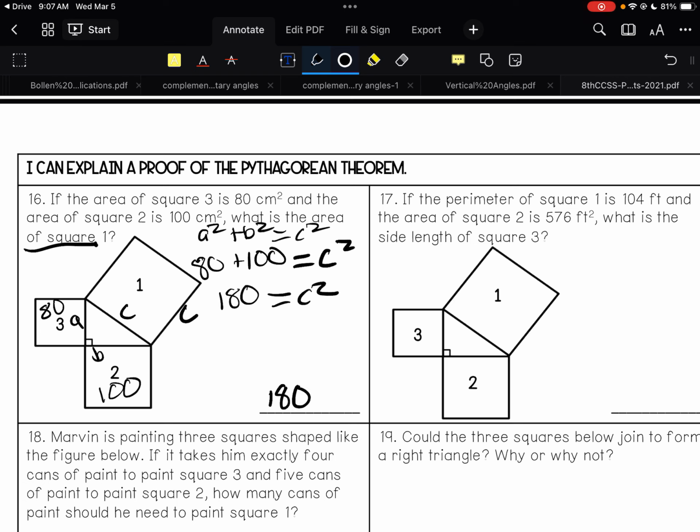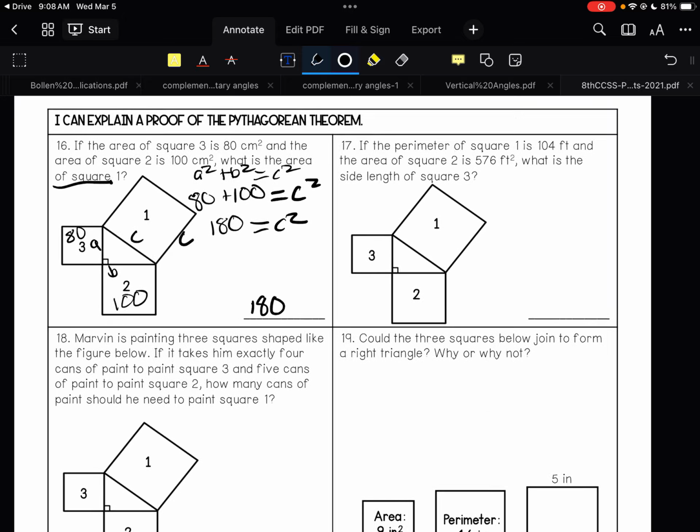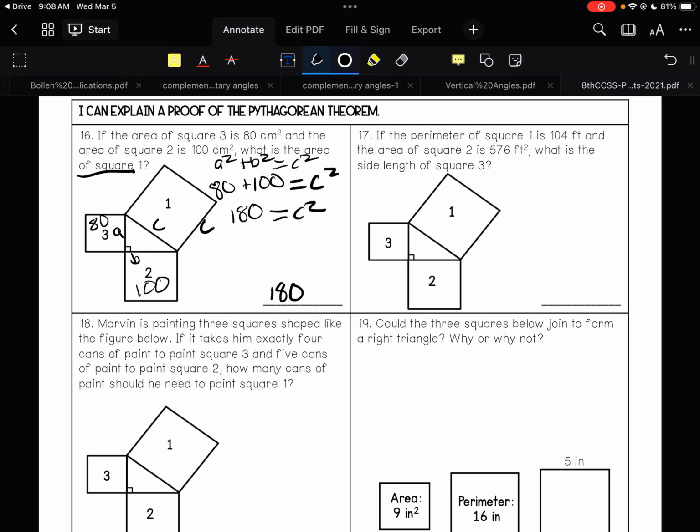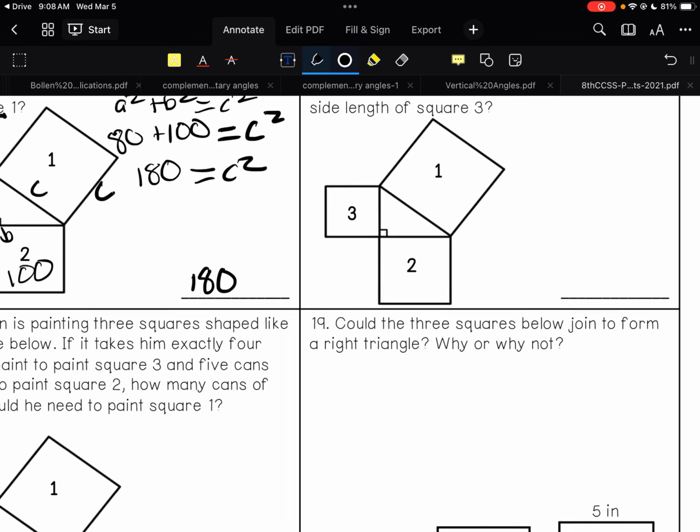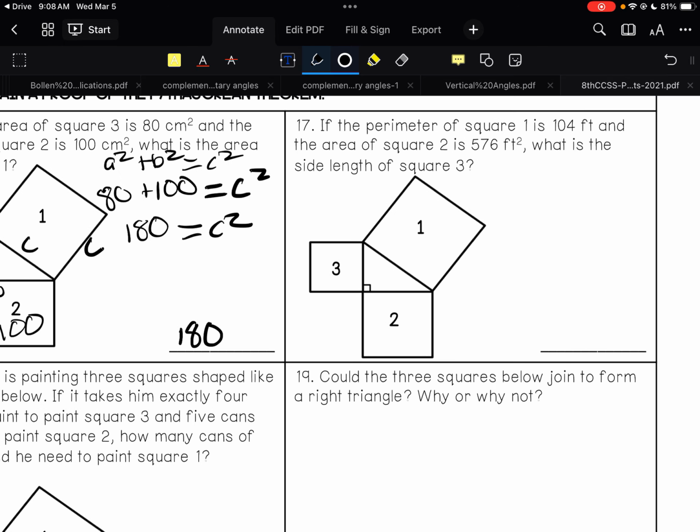And you're going to do the same thing. Looking here, we have the perimeter is 104 of square 1. So if the perimeter is 104, you have C here, right? Because it's across from that right angle. So you have C plus C plus C plus C. So 104 divided by 4, because you would have to add all those up, would give you what C is by itself.